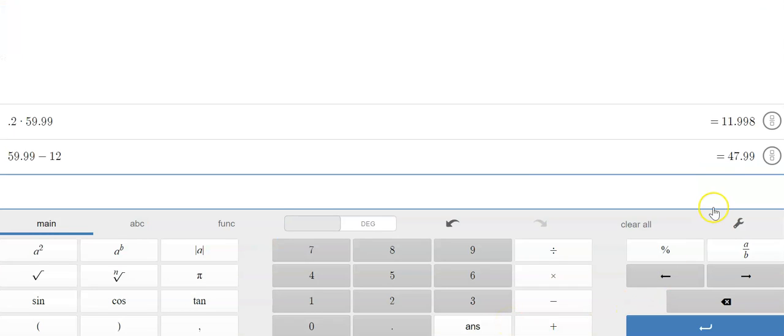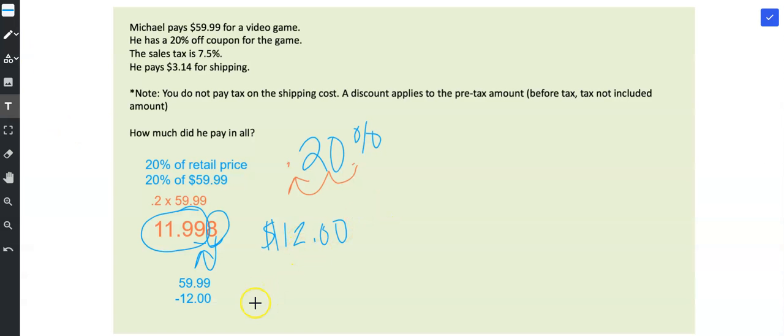So $59.99 minus $12, we get $47.99. So the new price is now $47.99.